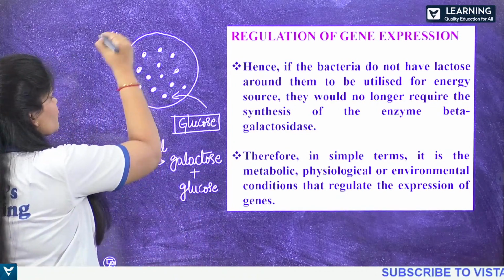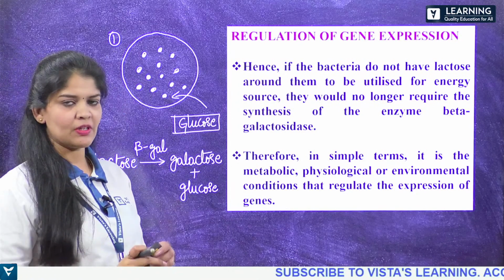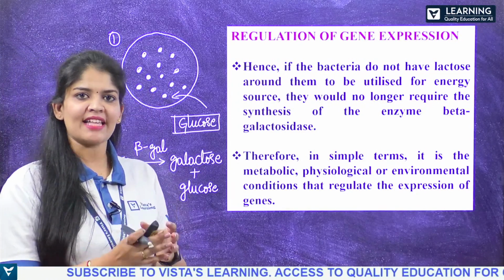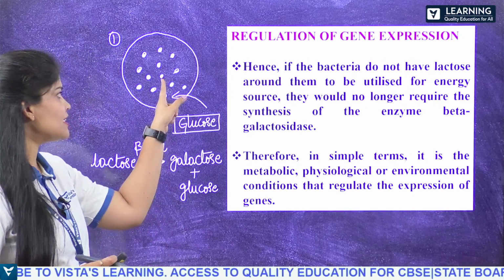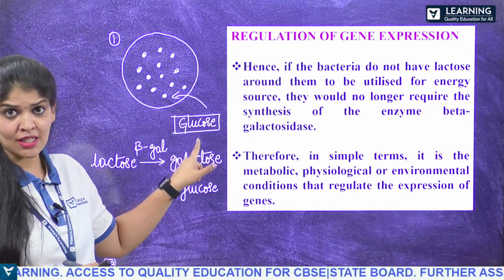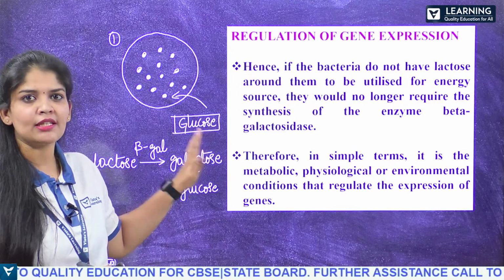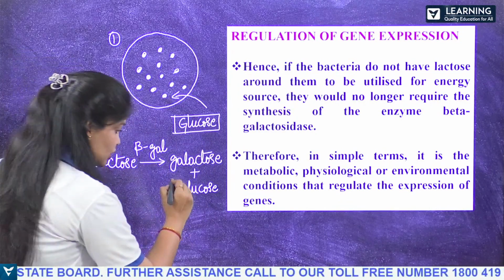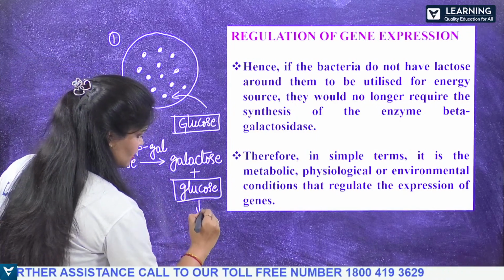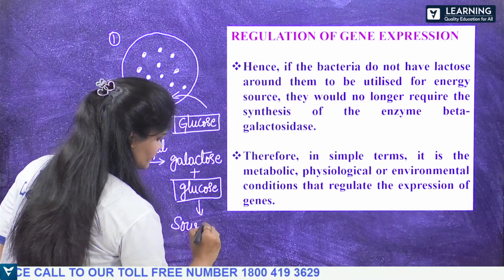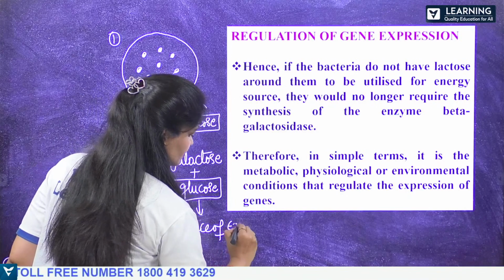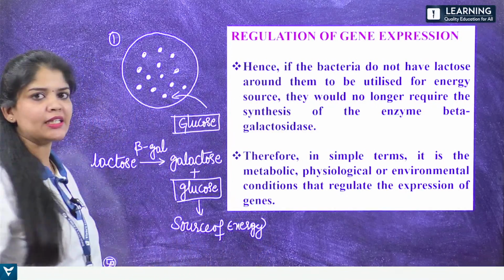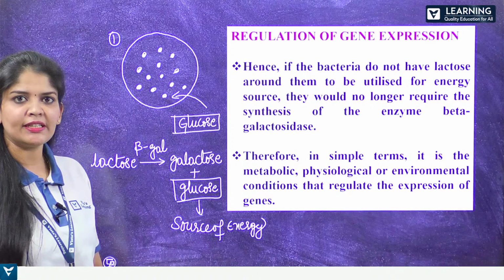Consider the first example. In this example, let's consider the petri dish is provided with a medium, and that medium is having glucose. If the bacteria is directly having glucose, then there is no need for the bacteria to break down lactose into galactose and glucose, and thereby use this glucose as a source of energy. Already an energy source has been directly provided in the form of glucose itself.